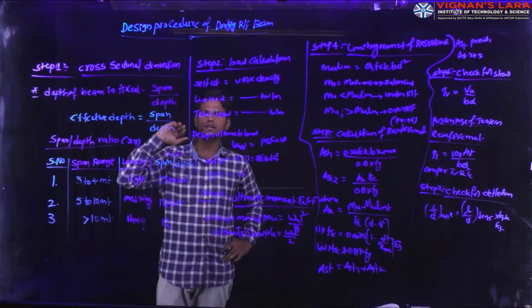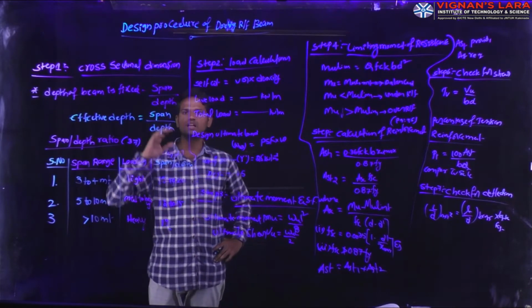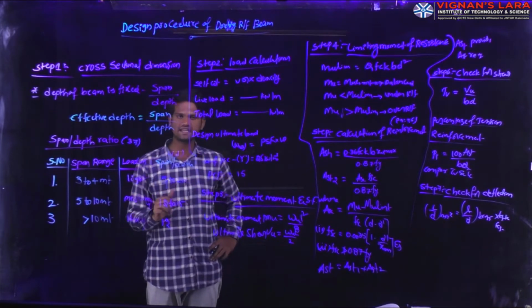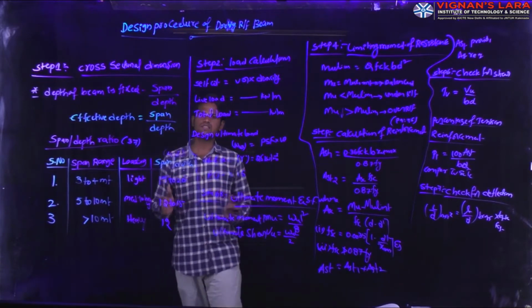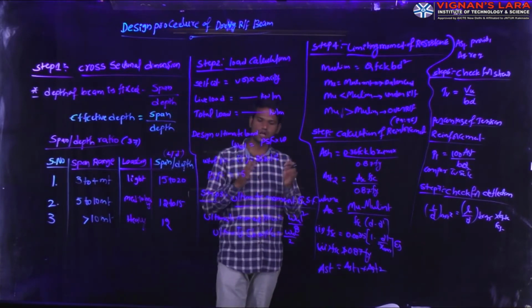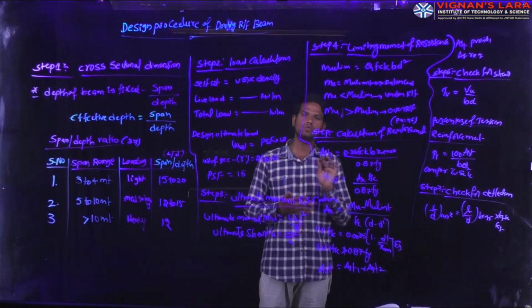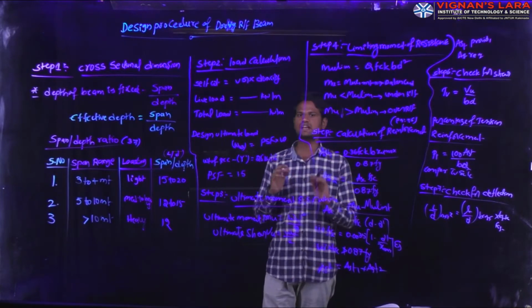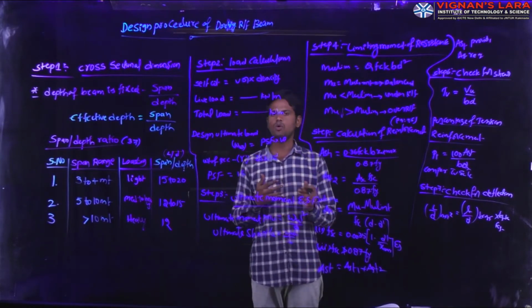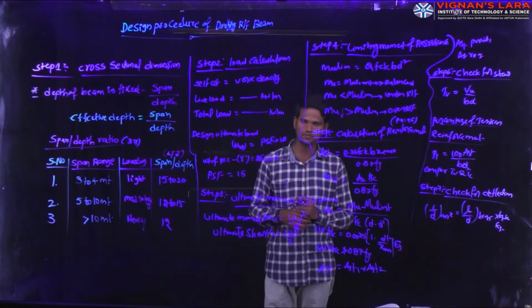In singly reinforced beam design, what are the different design steps you have followed? The same design steps we also follow for design of doubly reinforced beam. The only difference is the additional steel reinforcement we have to calculate for the doubly reinforced beam section.